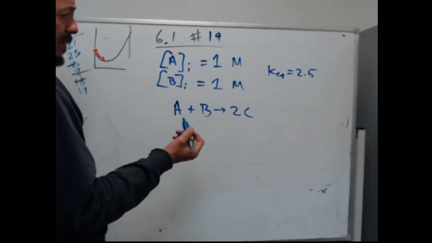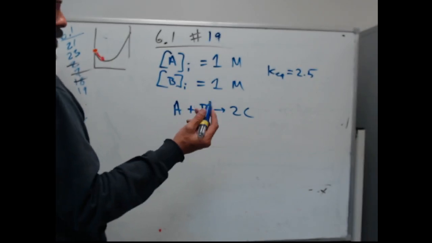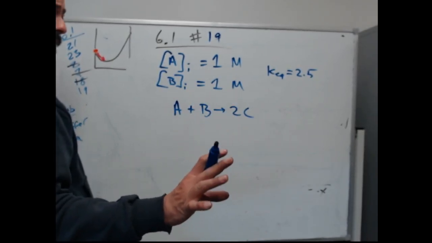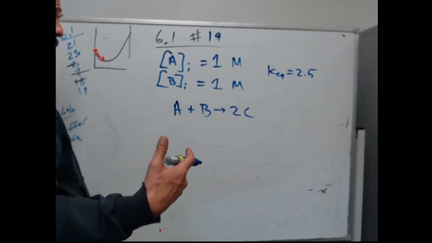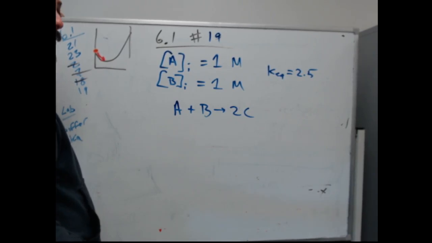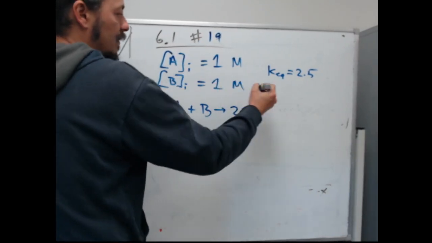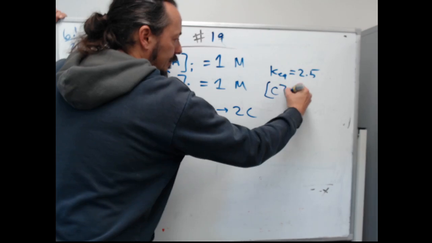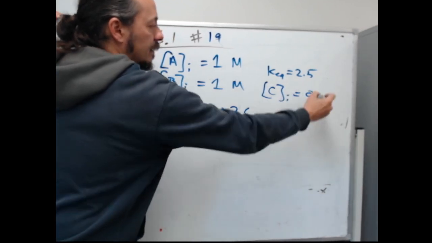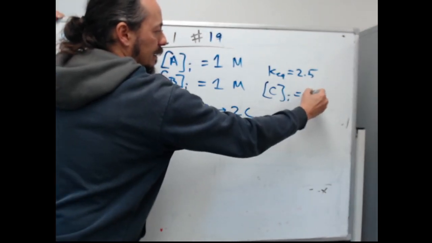We're just going to do... it doesn't say this explicitly, but I'm assuming we start with 0 concentration of C. Yeah, it doesn't. Well, it says no C. So okay, it does say no C. It says initial concentration of C. Right.